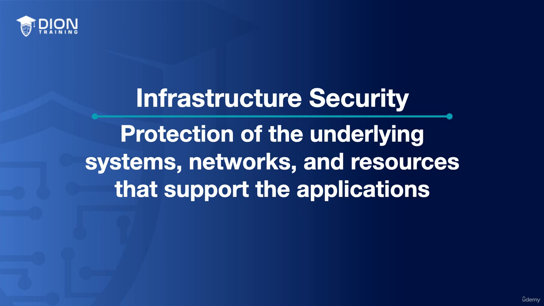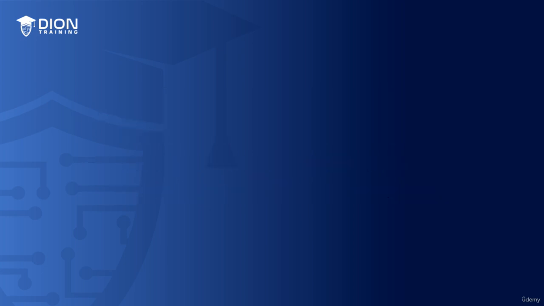Infrastructure security involves the use of security controls like firewalls, intrusion detection systems, intrusion prevention systems, and security information and event management systems in order to protect the infrastructure from potential security threats like malware and denial of service attacks.